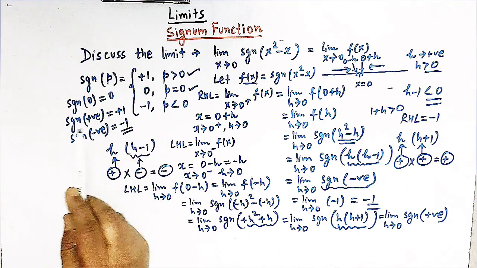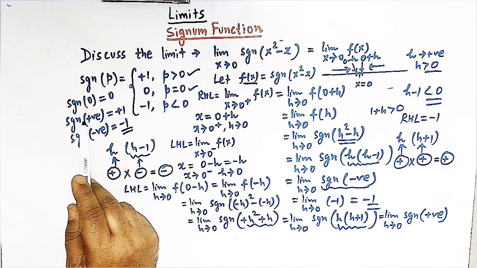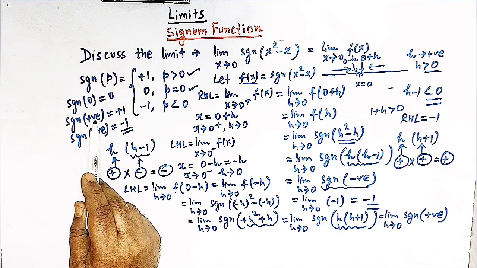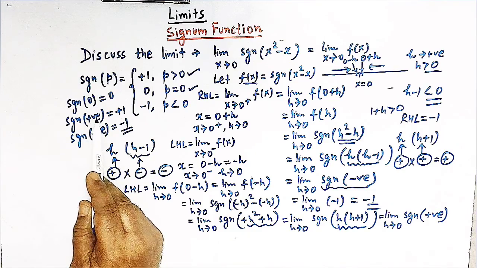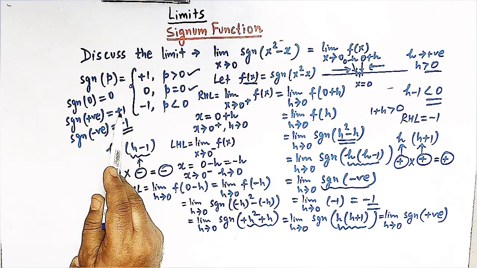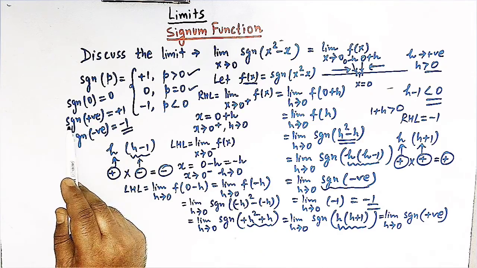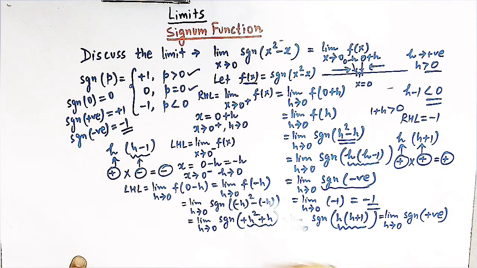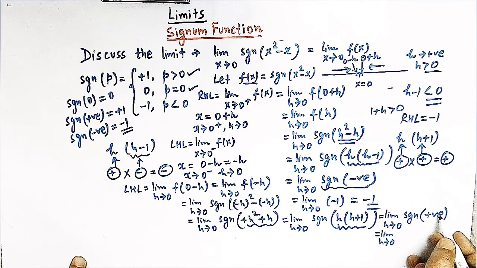So all the positive quantities here have the same image, that is plus 1 under this signum function. So now this term is independent of h, so we have simply here plus 1.